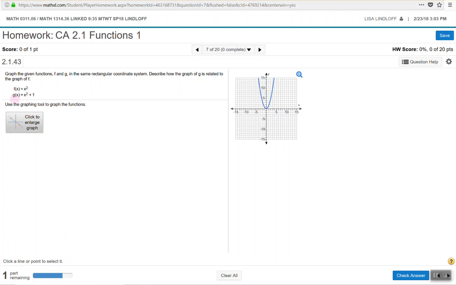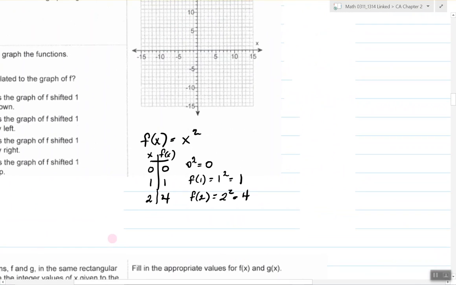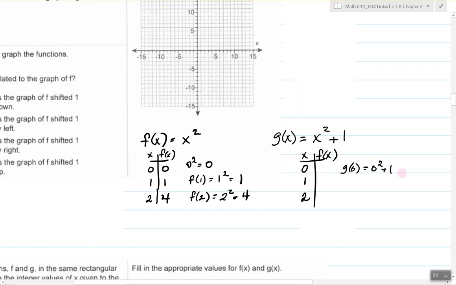Now I need to graph g of x is x squared plus 1. So if I go back and I work on, let's scoot this for a little, g of x is x squared plus 1, and I made a t-chart. Then I have if x is 0, 1, and 2, and you can pick anything you want, but I have g of 0 is 0 squared plus 1, which is 1.